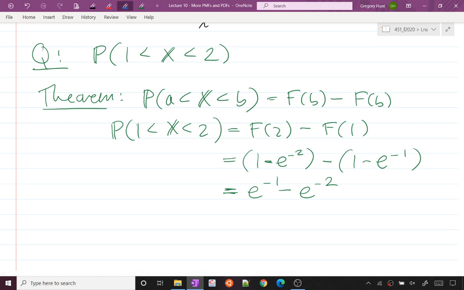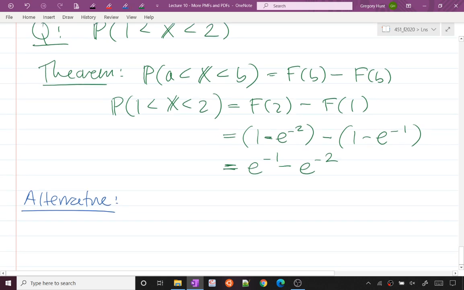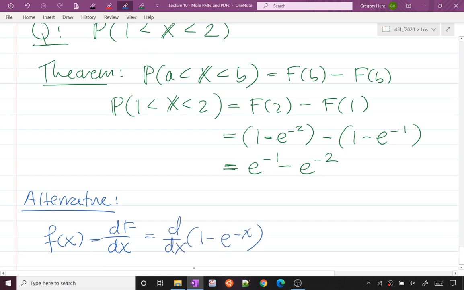We have this whole thing with this PDF now. Maybe we want to use that way of calculating. So an alternative way of doing it is, step 1, get the PDF. So f of x is just the derivative of my CDF, which is d/dx of 1 minus e to the negative x, which should be e to the negative x.